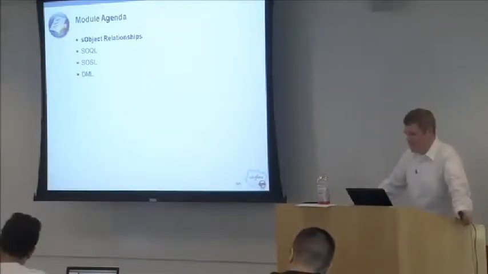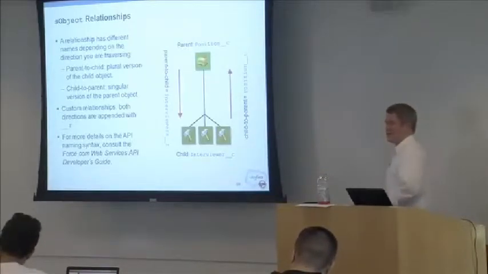Okay? So in Salesforce, when we define relationships, relationships are defined with one of two types of fields: either lookup relationships or master detail relationships. And on the child record, we create the custom field that refers to the parent object.